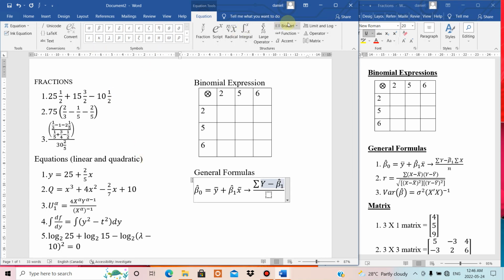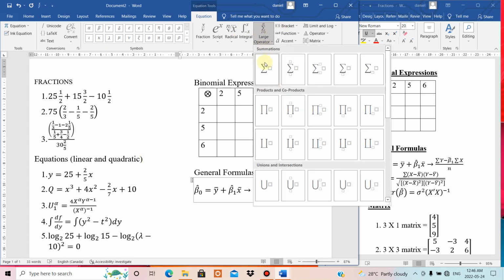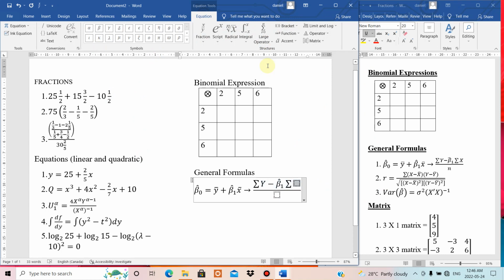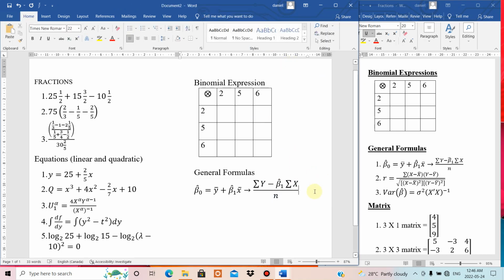We have summation again, summation x all on n. So we've been able to type that neatly.